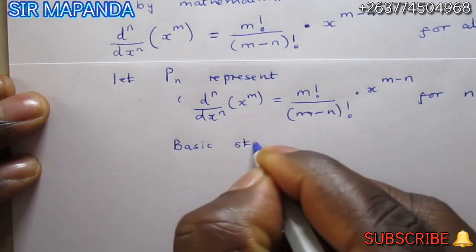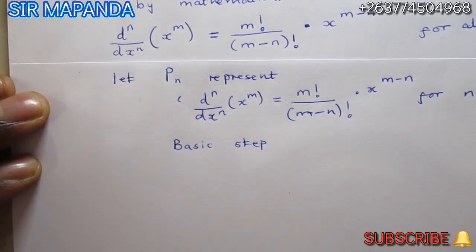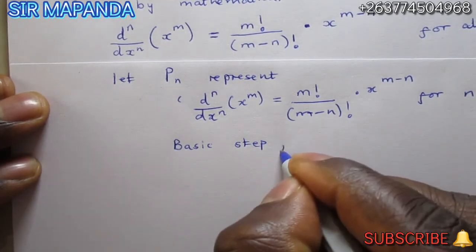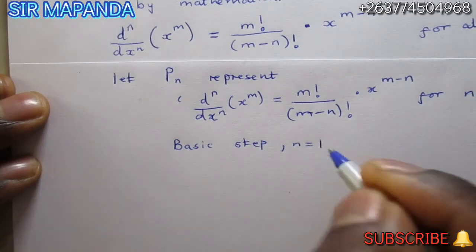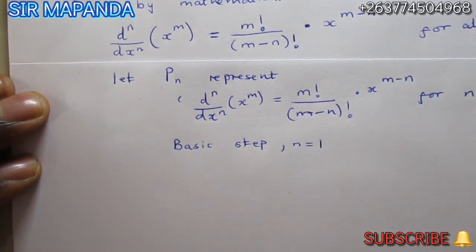On the basic step, we want to prove that the statement Pn is true when n is equal to 1. We need to prove on the left side as well as on the right side. The two sides must agree for Pn to be true.